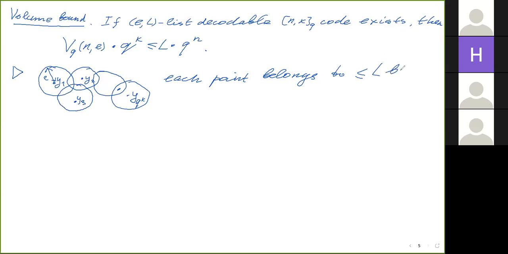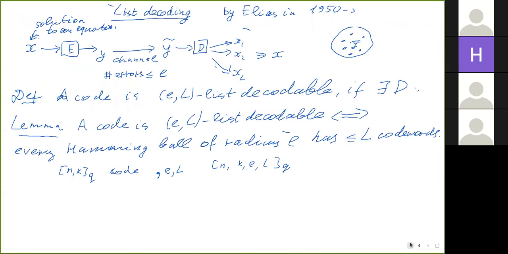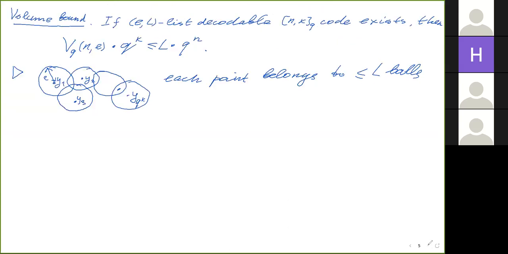And this is because of our lemma. Recall that the code is (E, L) list decodable if every Hamming ball of radius E has at most L codewords.